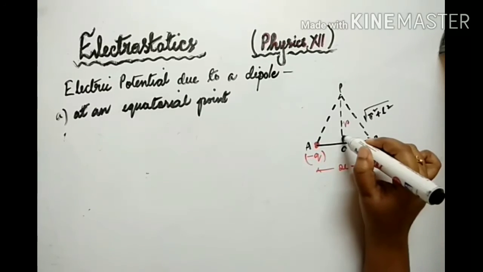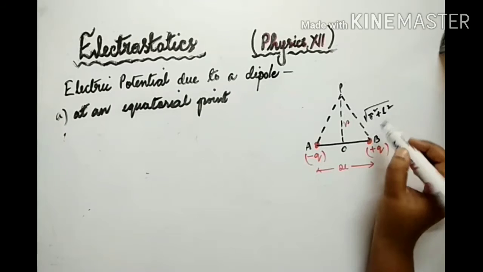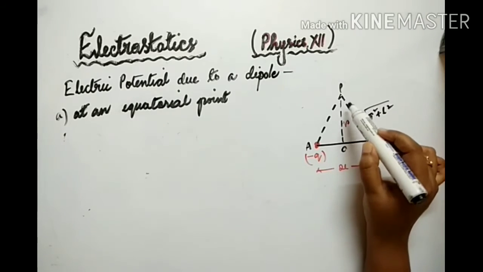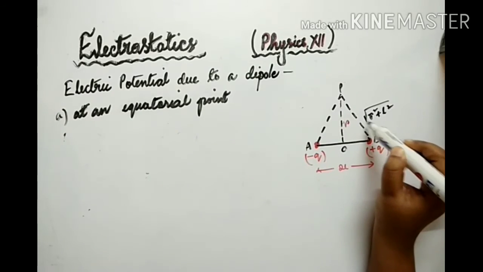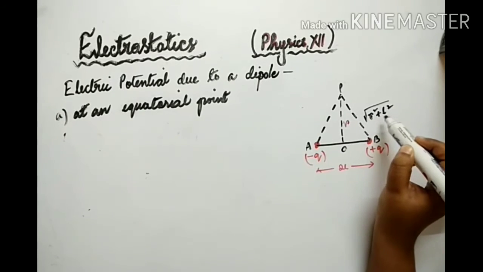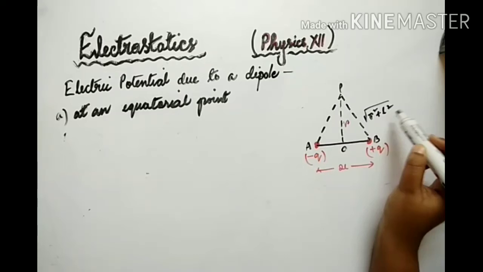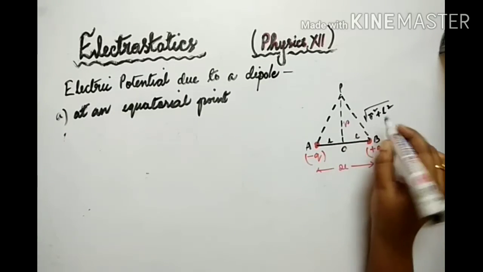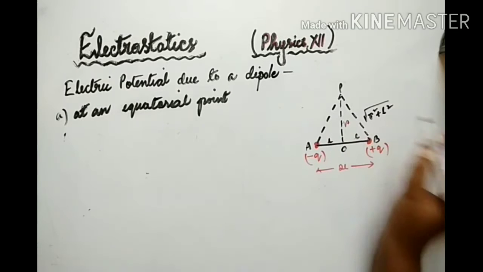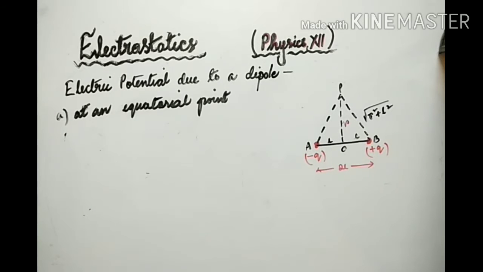Since it is a right angle triangle, you can apply the Pythagoras theorem and see that this line is of magnitude root over R square plus L square. If this is L, and this is R, then this is R square plus L square under the root.